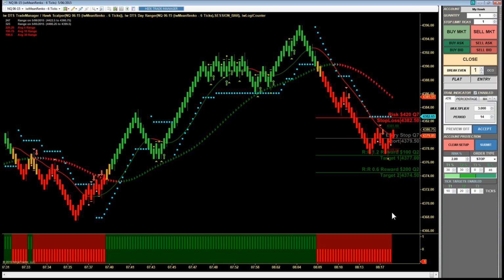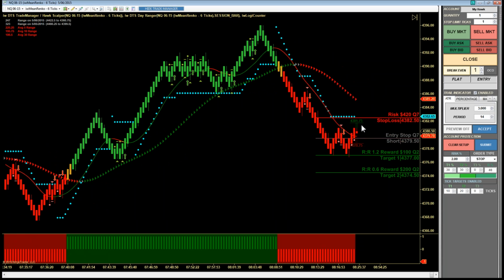We'll use the stop strategy. So you see I've got an order on 7 contracts. I'm going to take 2 contracts at target 1, 2 contracts at target 2. Well, that's only 4 contracts, so I'll still have 3 contracts on as a runner. So we'll just have a little bit of fun here. I'm on Sim, so I can show you this sort of stuff.